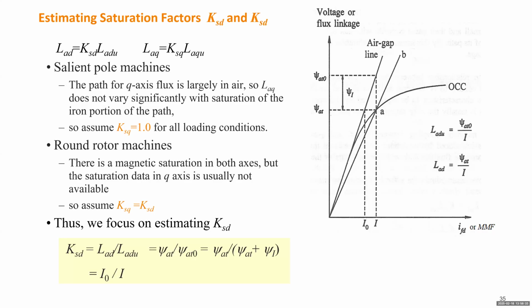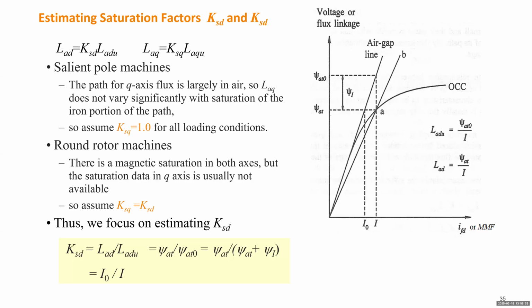Psi AT0 is what we can generate with the same current if there is no saturation. With saturation, we can only generate psi AT, so there is a big gap. Dividing psi AT by psi AT0 is exactly the factor we are looking for.